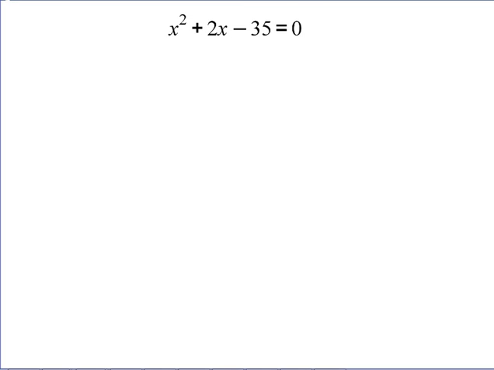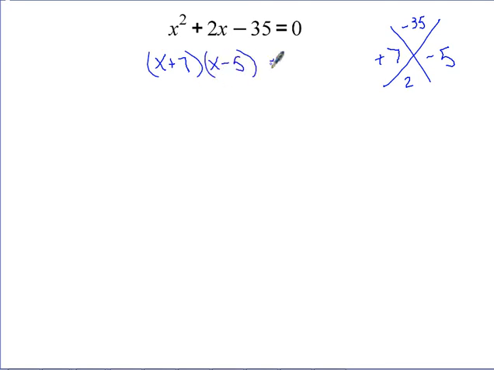Then this last problem we're going to look at how to solve by factoring. It's the same thing we've been doing, and we're going to add in one more step. So I'm going to draw my x, numbers that multiply to negative 35 and add to positive 2. One's got to be plus, one's got to be minus, and the factors here are going to be 7 and 5. So I have x plus 7 and x minus 5, and those are equal to 0.